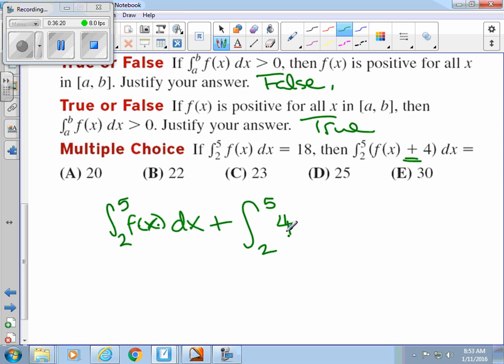And I feel like I might be stuck because I don't know how to integrate yet. So maybe I'm stuck, or maybe not. Okay, so this answer is 18, right? So the question is, what's this?